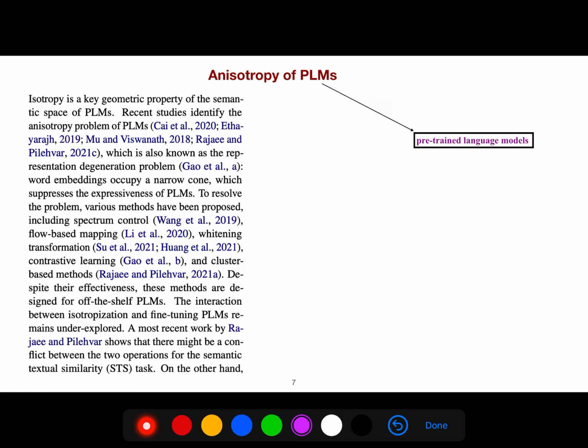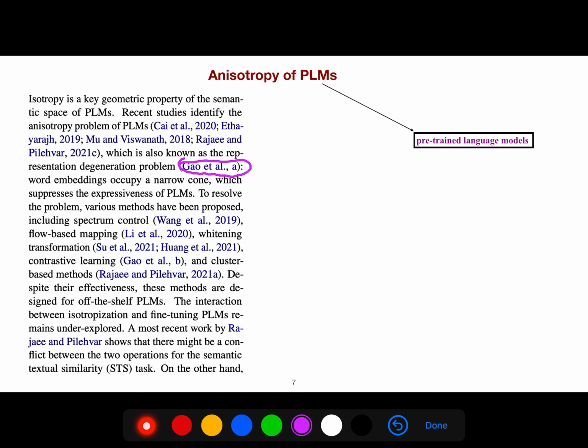Gao used to say it is representation degeneration. It means that it is a degenerate case, and word embeddings occupy a narrow cone in his article, which suppresses expressiveness of pre-trained language models.